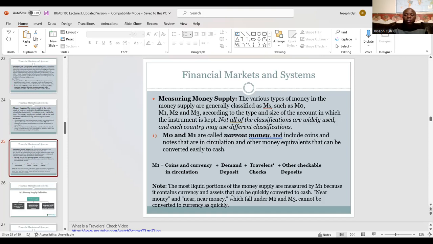The reason being that it contains currency and assets that can quickly be converted into cash. You can easily convert your traveler's checks and other checkable deposits into cash as well.